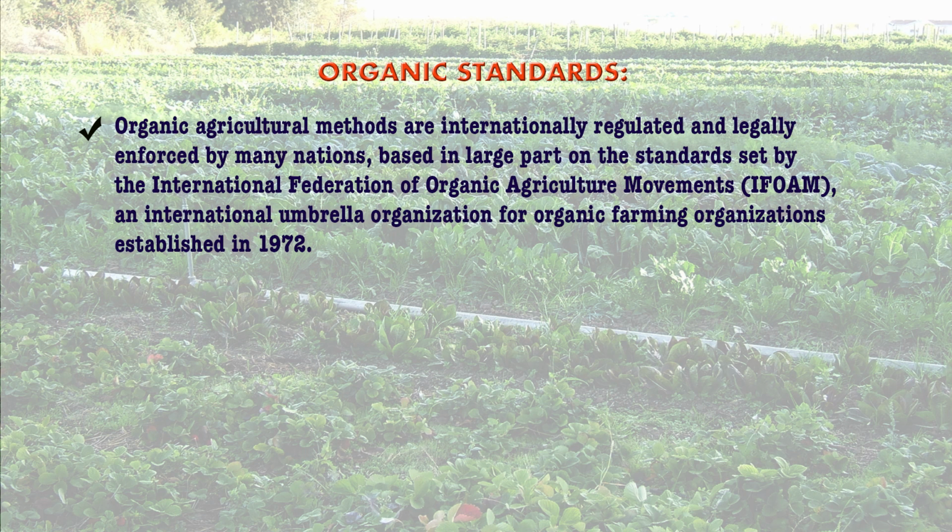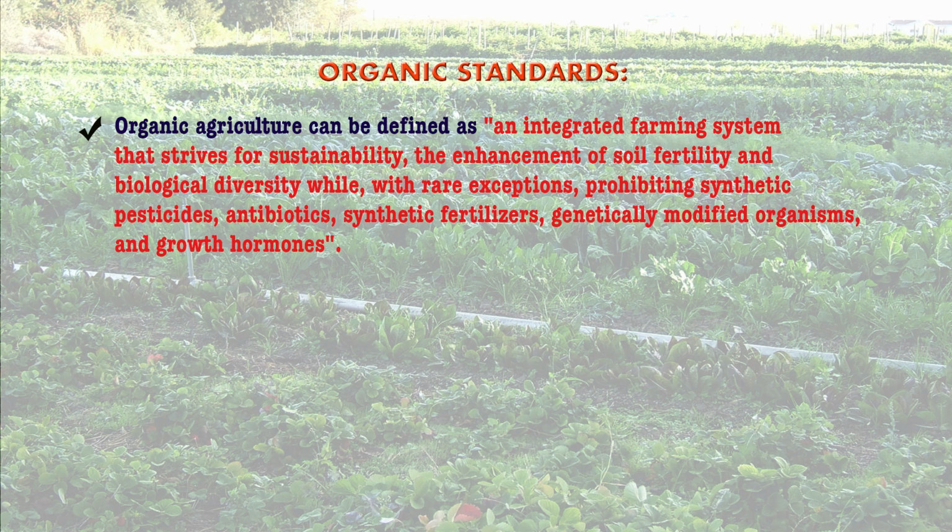Organic agricultural methods are internationally regulated and legally enforced by many nations, and largely they are based in part on the standards set by the International Federation of Organic Agriculture Movements. This is abbreviated as IFOAM, and it is an international umbrella organization for organic farming organizations which was established in the year 1972.